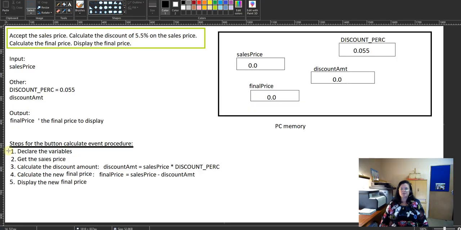Discount percentage gets the value that's assigned in the declaration, so 0.055. So step 1 is executed. Declare the variables.